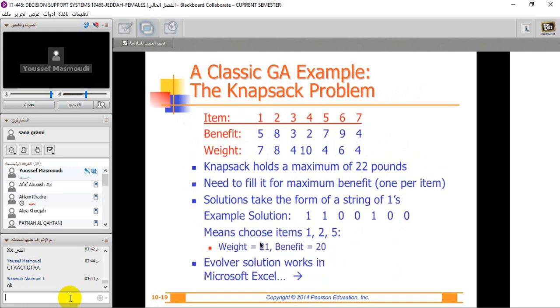Another example of the use of genetic algorithm is the knapsack problem.